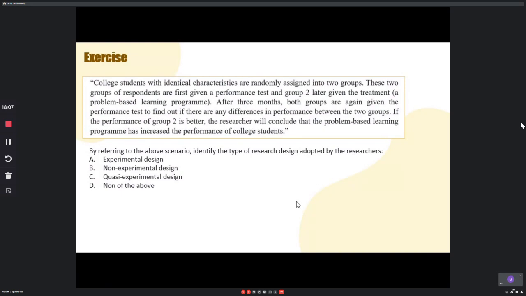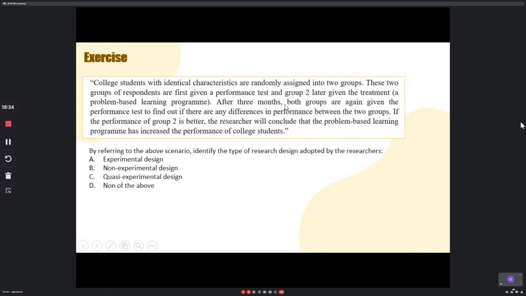So we have two groups here. We test them first, and then only group 2 is given a treatment, which is a problem-based learning program. Only group 2 is involved in this learning program.